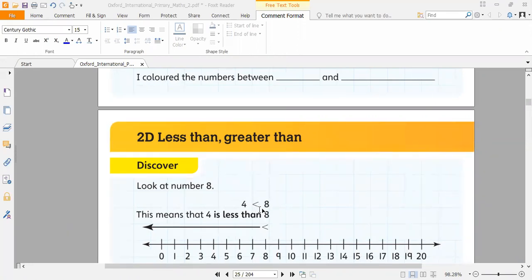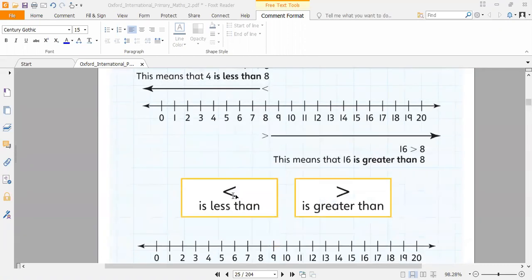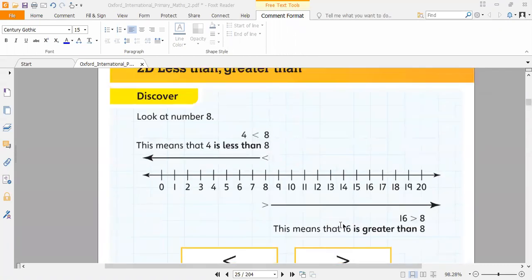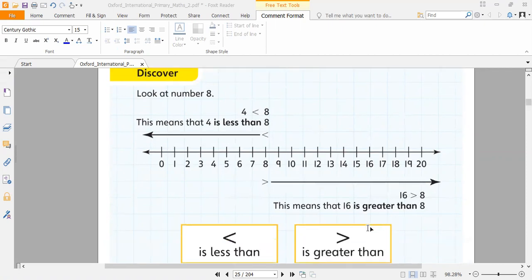Here we can see that the mouth of the sign is opened to 8, as 8 is greater than 4. This means 8 is smaller than 16 and 16 is greater than 8.